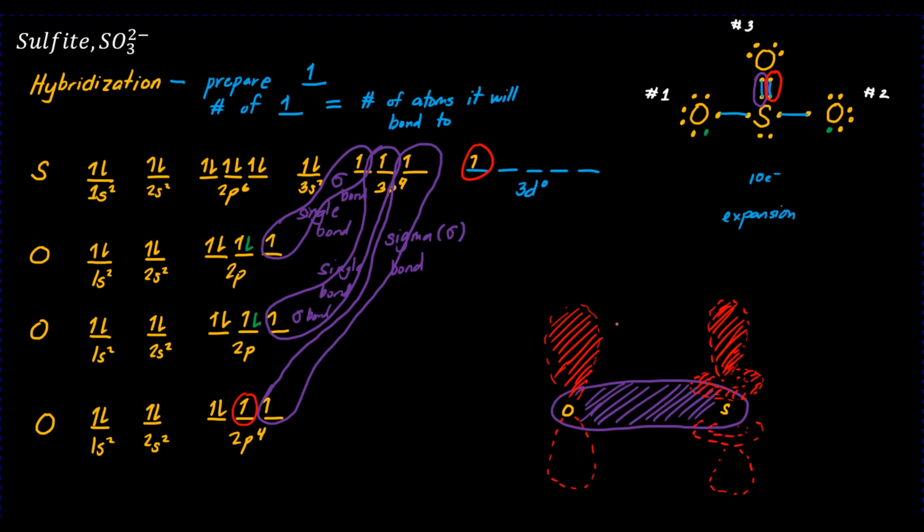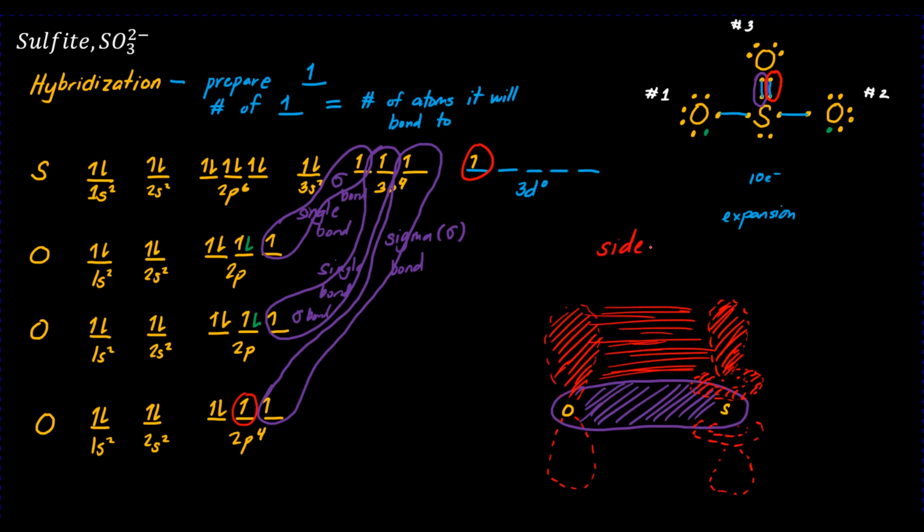The second bond is just an overlap of these two half-filled orbitals, a sideways overlap.